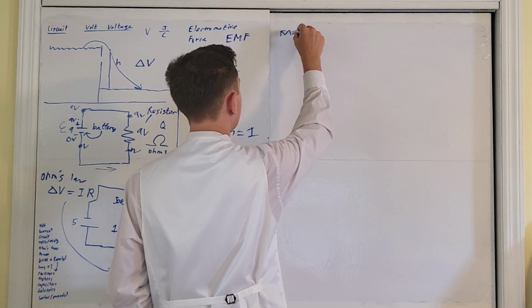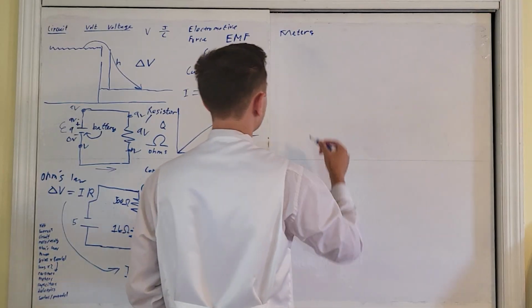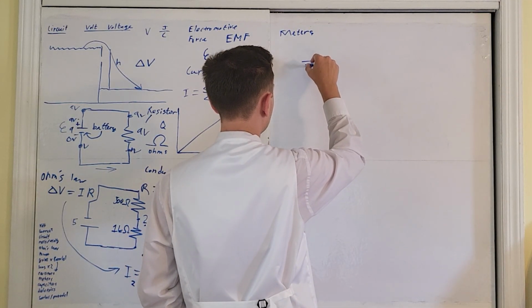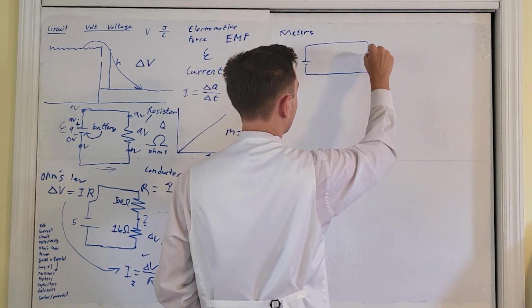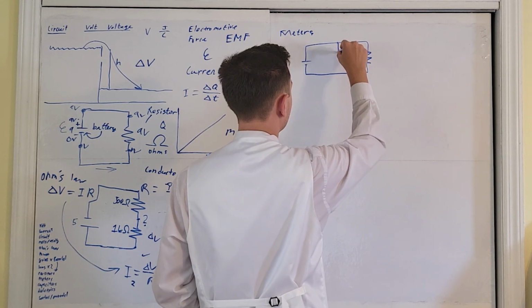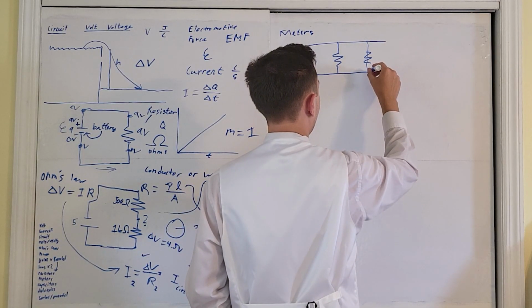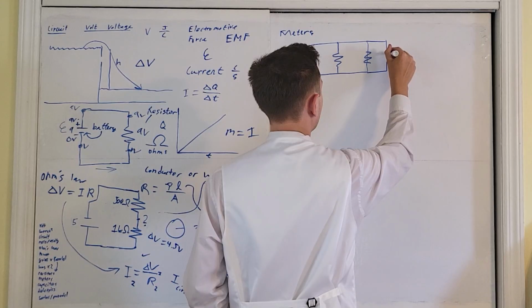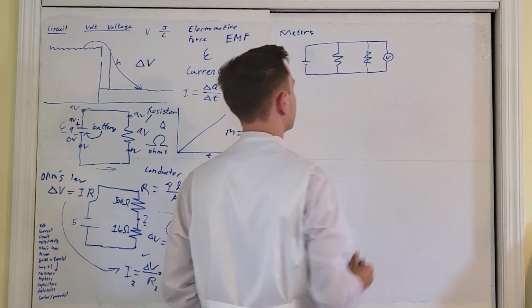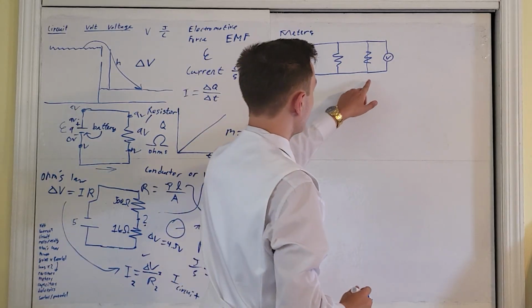We mean the instruments by which we measure voltage and current. If I were to redraw the same parallel circuit I had earlier, and I had a voltmeter right here, which on your AP exam would be depicted as such, where is it connected?